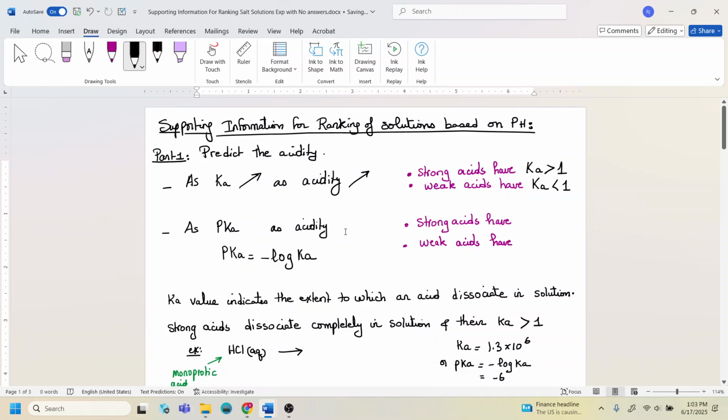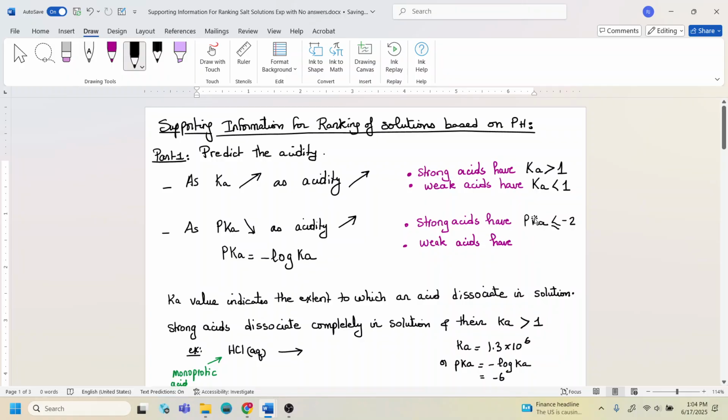So if we want to determine the relationship between pKa and acidity, as the pKa decreases, the acidity is going to increase. So we're expecting strong acids to have pKa's normally that are less than or equal to -2. So if we're talking about, for example, -3, -4, -5, all of those are less than -2.